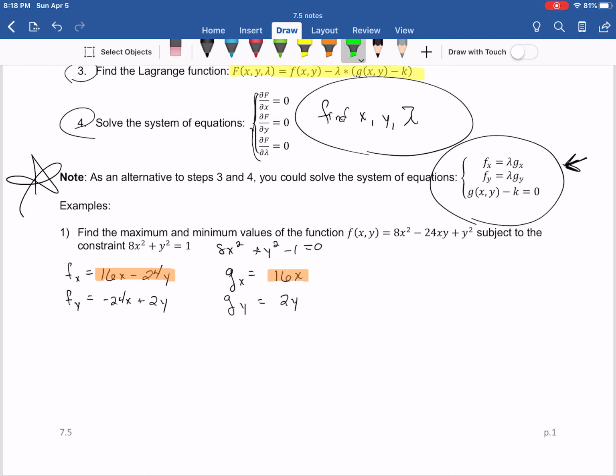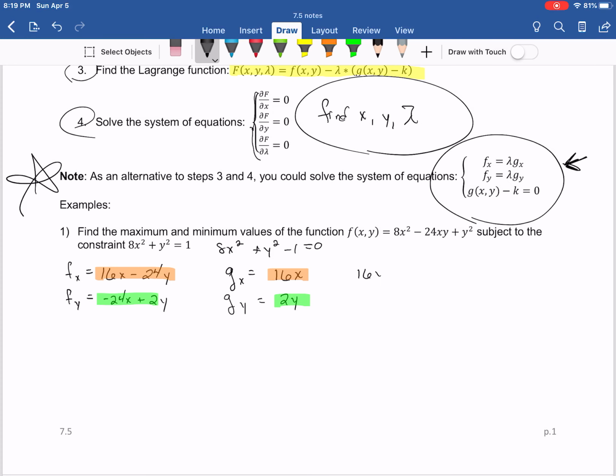The next one is going to use the partials with respect to y. So once again, that first equation is going to say 16x minus 24y equals lambda times 16x. And the next equation will say negative 24x plus 2y equals lambda times 2y. So pause and take a couple minutes if you need to understand where that's coming from.